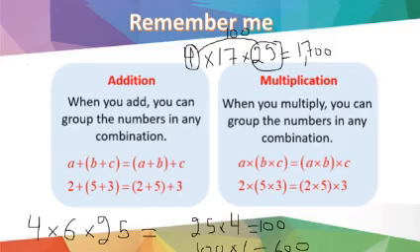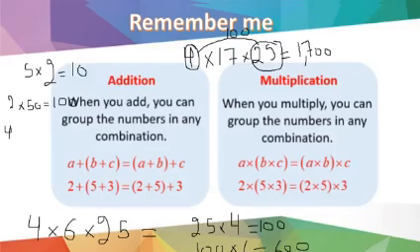So 5 by 2, 10. So usually multiply 5 and 2 first. 2 by 50 is 100. So multiply 2 and 50 first. 4 by 25 equals 100.